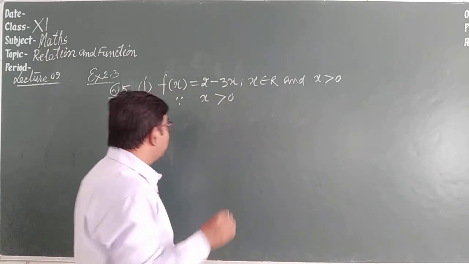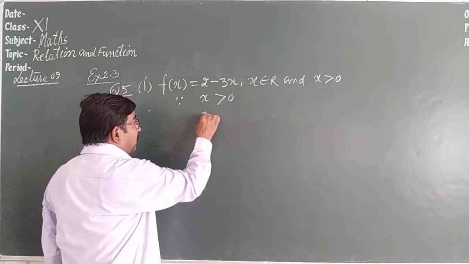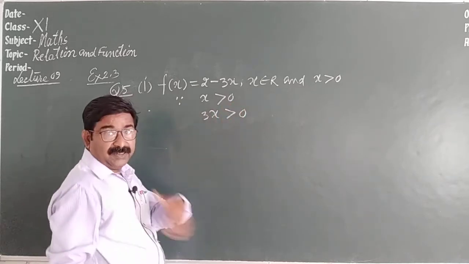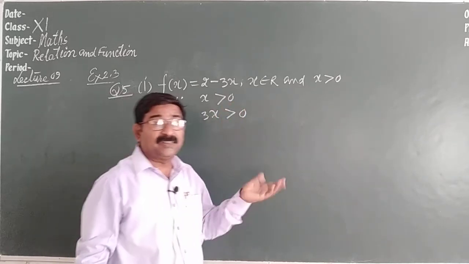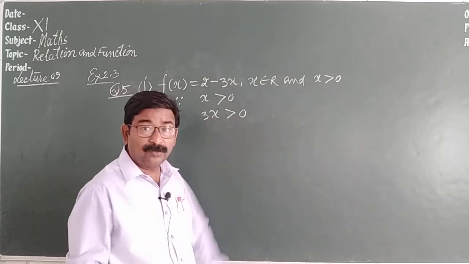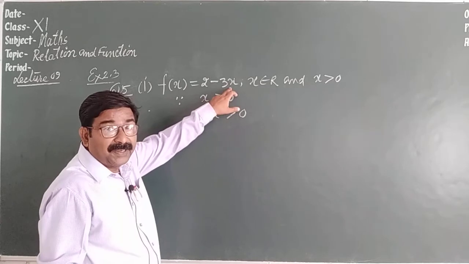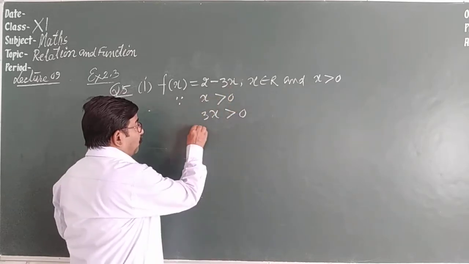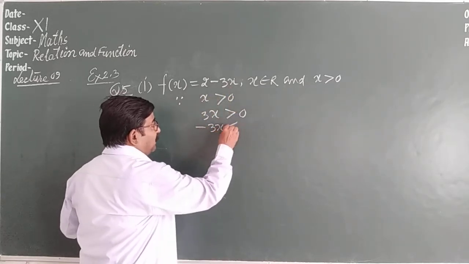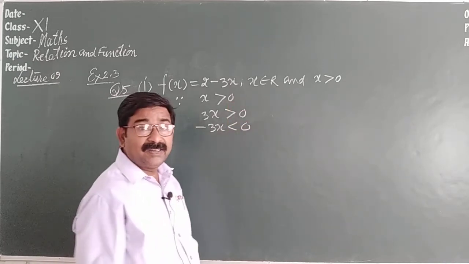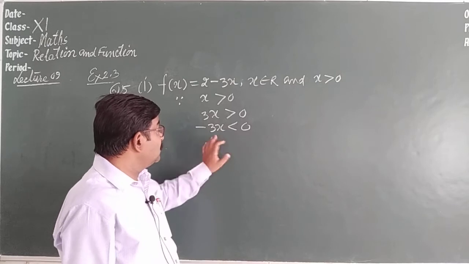So try to understand. If x is greater than 0, then thrice of x, 3x, will also be greater than 0. It is minus 3x that I am creating for the function. So minus 3x will be less than 0.